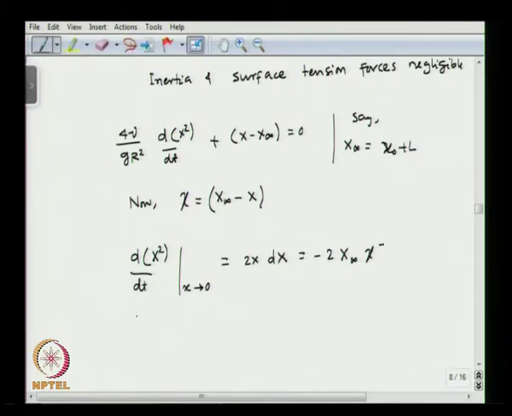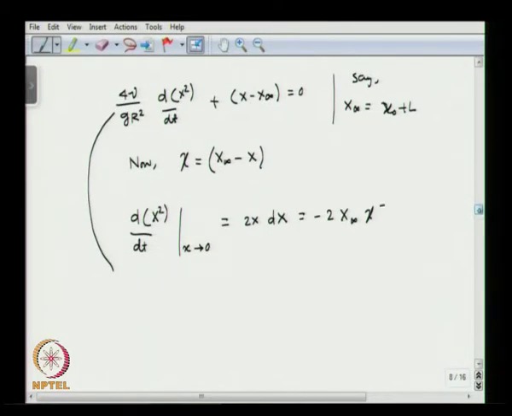So, now in this equation we can write this as 8 nu over g r square into dX over dt plus X is going to be 0.